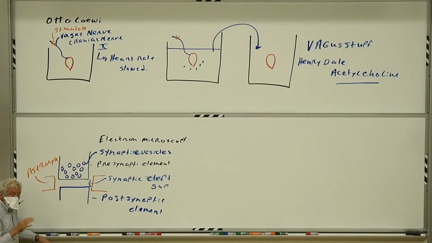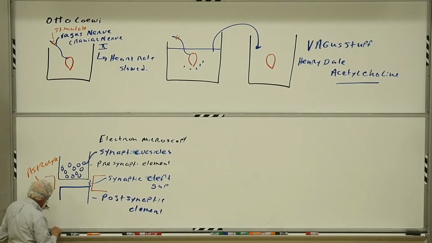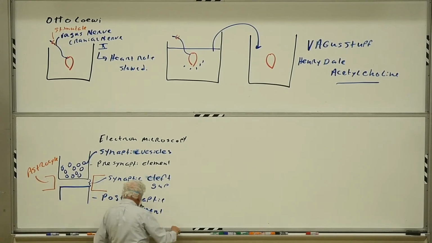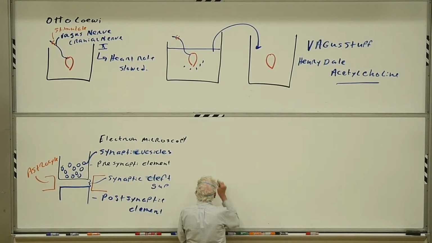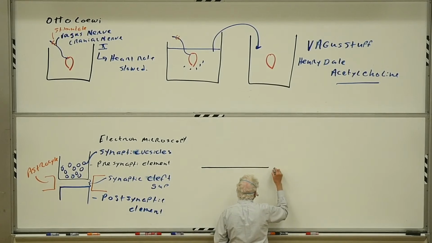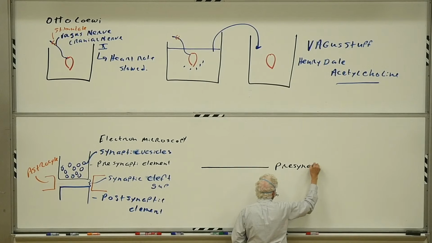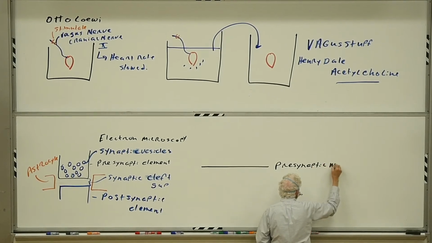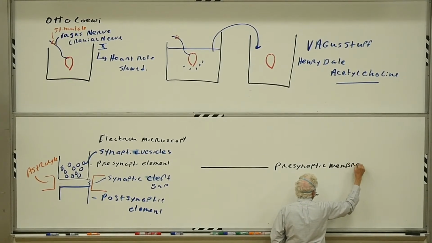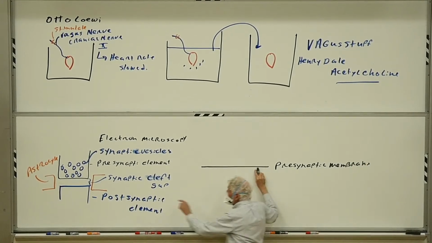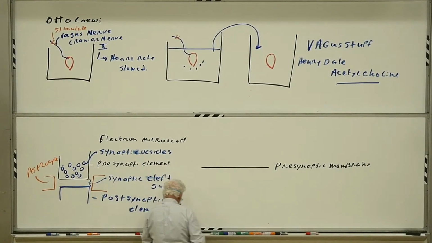It took several years of work, but what they found as they looked more and more closely, and I'll go over here and amplify this a little bit, they found that if this is the presynaptic membrane, so this membrane is the same as I'm showing here.